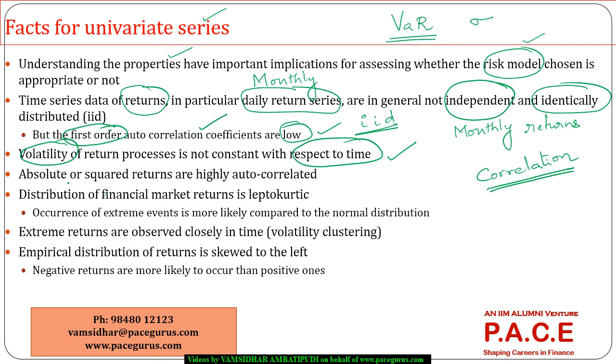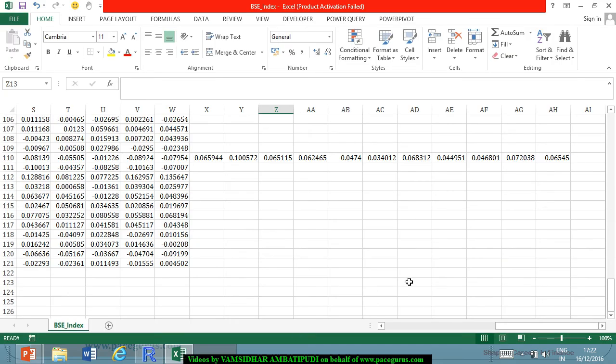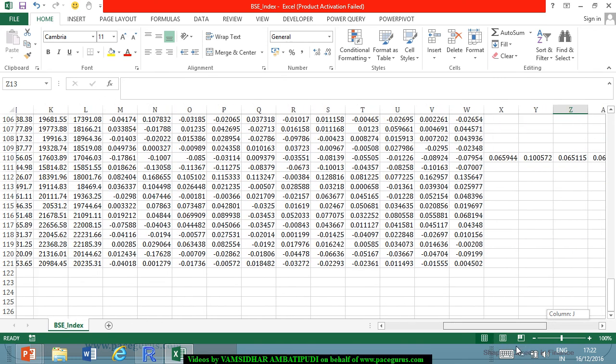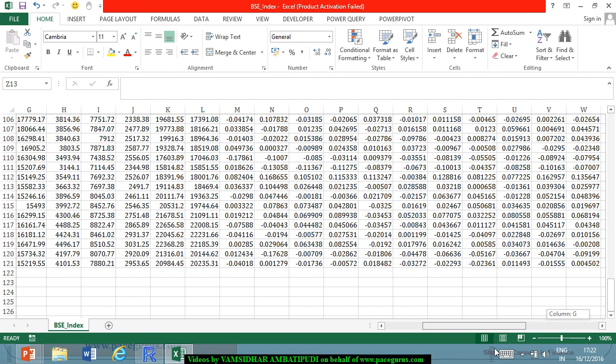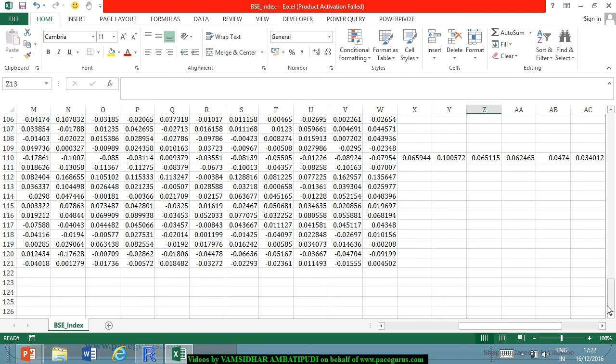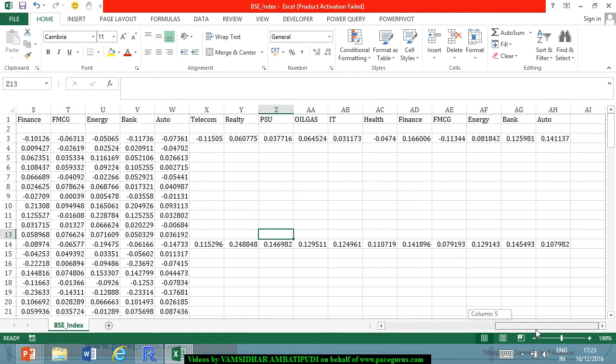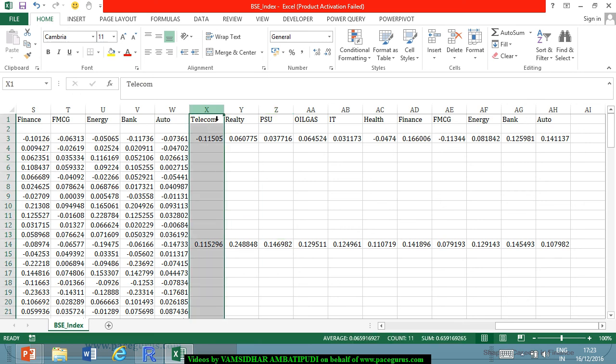Then it also says absolute or squared returns are highly correlated. Now if I have to compare the correlations, instead of taking the returns as they are, people suggest why not take the absolute or squared returns.